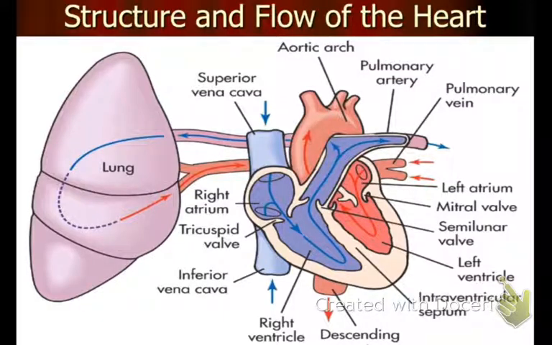Now, the left side of the heart is a high pressure system, and it pumps arterial blood to the systemic circulation. You can tell it's high pressure because there's a huge artery here, the aorta. Well, it's big because it needs to be, because of the pressure and the volume of blood.